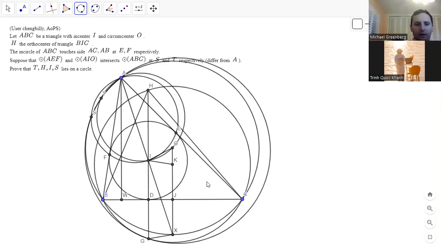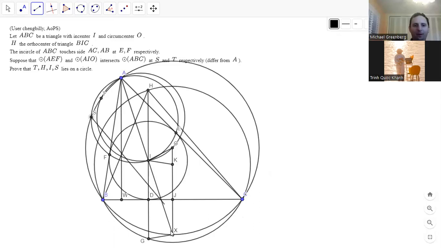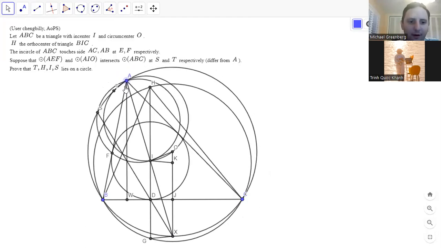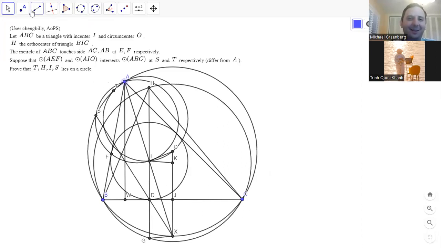Are SD and X collinear? Yes, that's actually a well-known fact about the Sharkey-Devil configuration. So I'm glad you brought that up. They are collinear. And I think they might pass through this point right here. I think they do, and I think I actually proved that in a video of mine. I just forgot about it because I haven't done this stuff in so long.